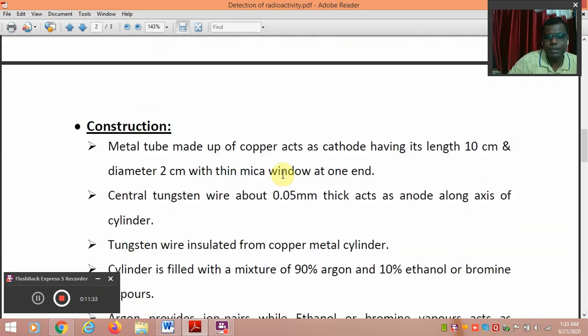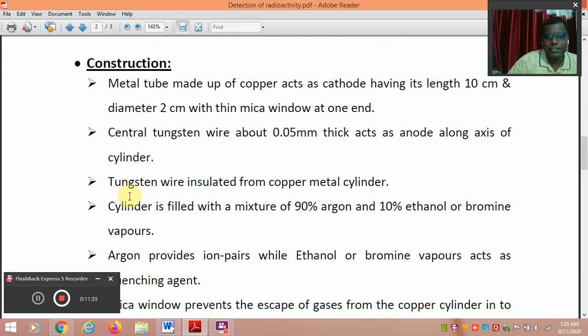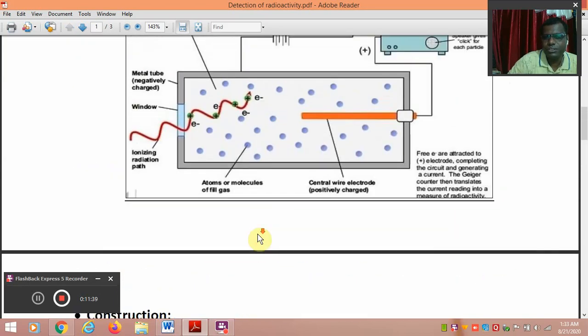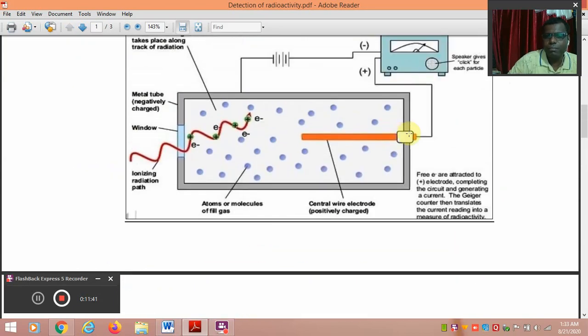It's very simple. The next point is that the tungsten wire is insulated from the copper metal cylinder. So you can see here, this is the copper metal cylinder, this is the wall of the copper metal cylinder, and this is the tungsten wire. The tungsten wire passes through the wall of the copper cylinder, but there is complete insulation between the tungsten wire and the wall of the copper metal cylinder.